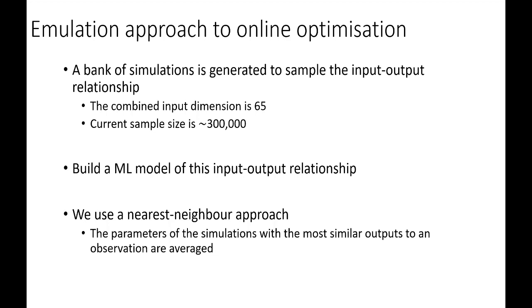Not a huge number, but it's taken a fair amount of computation to get there. And we want to then go and build a simple machine learning model of the input-output relationship, right? Once we have that, we can use that for the optimization in real time, carry whatever we want onto the original model, okay? So the sort of method we're going to use is a nearest neighbour approach, right?